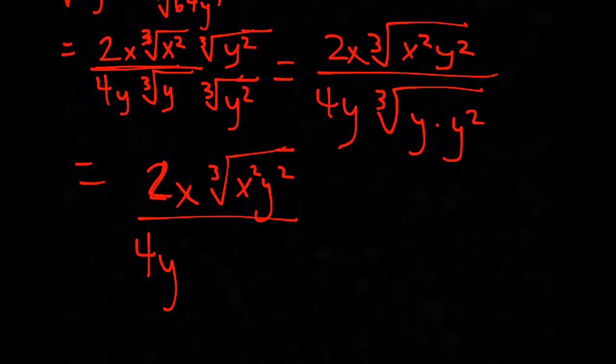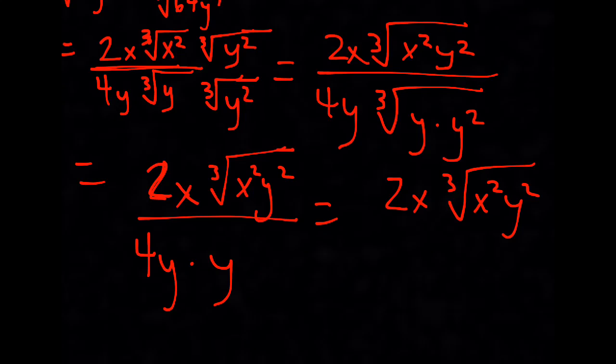And then on this bottom over here, if I multiply y times y squared, I'm going to get what? Y to the third. And the cube root of y to the third is going to be what? Y. So I'm just going to have a y on the bottom. So I'm just rewriting the top.